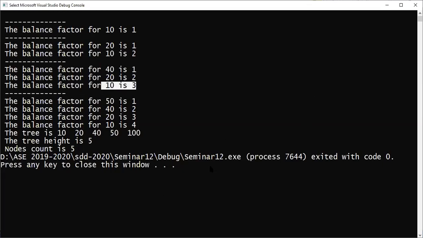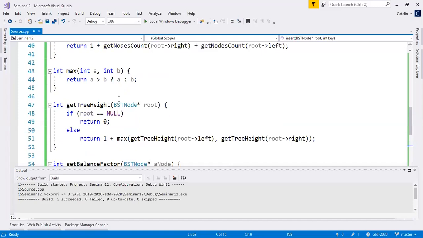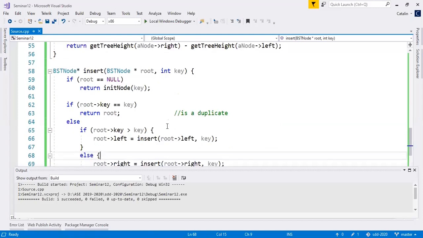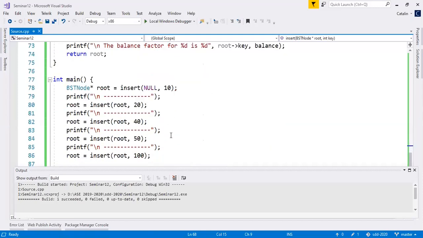Now, in order to change that, we can make a change here in the tree height, where it returns 1 plus get tree height. So we have it always as 1, 2, 3. Okay, let's leave it like this and run it again.